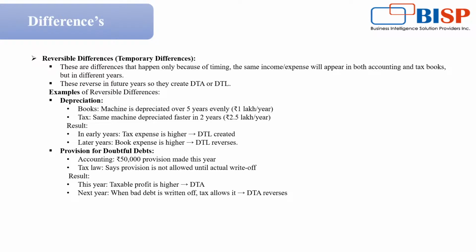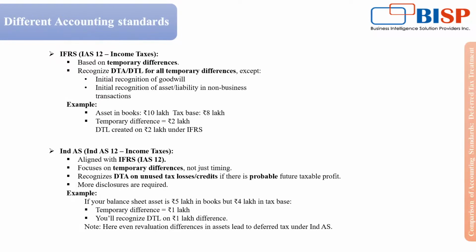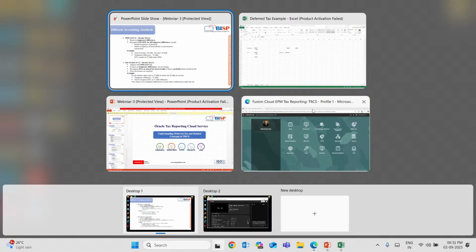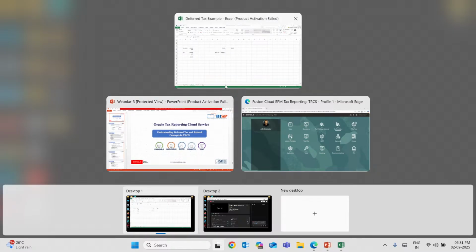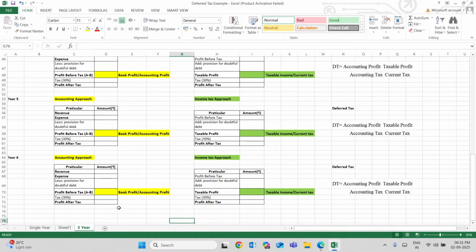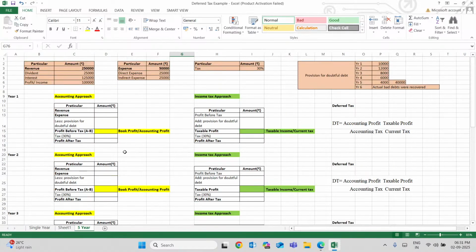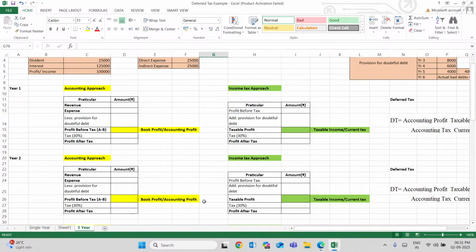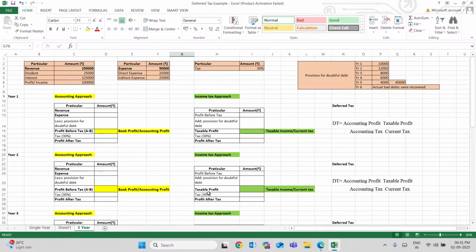So now for a big example, we are going to take a 5-year example, which will help us in getting an in-depth view of how the deferred tax works, right? So we have here a 5-year plan, you can see. We'll just zoom it up. Okay, so we have the revenue of 2,50,000.